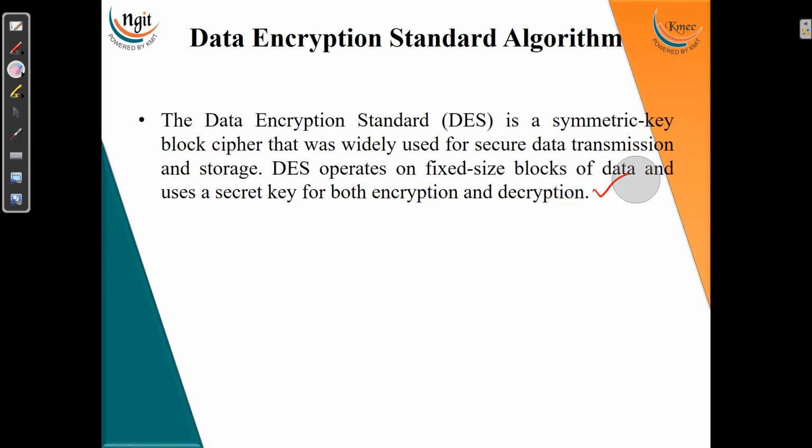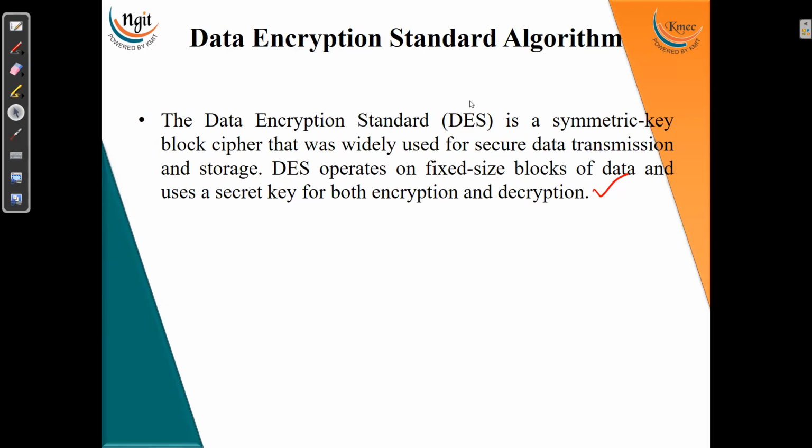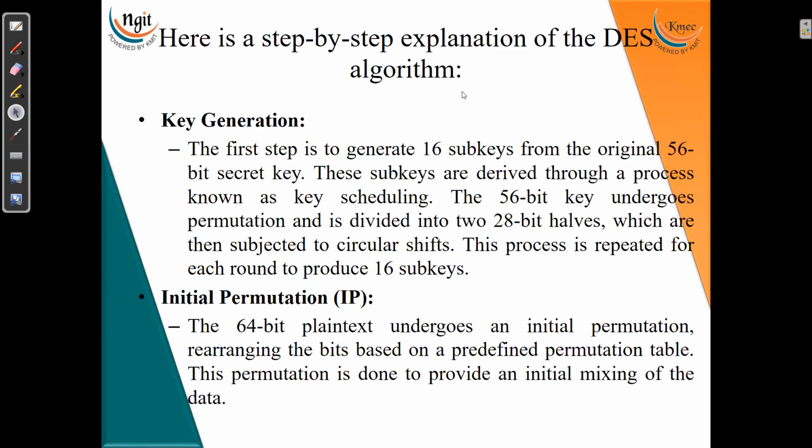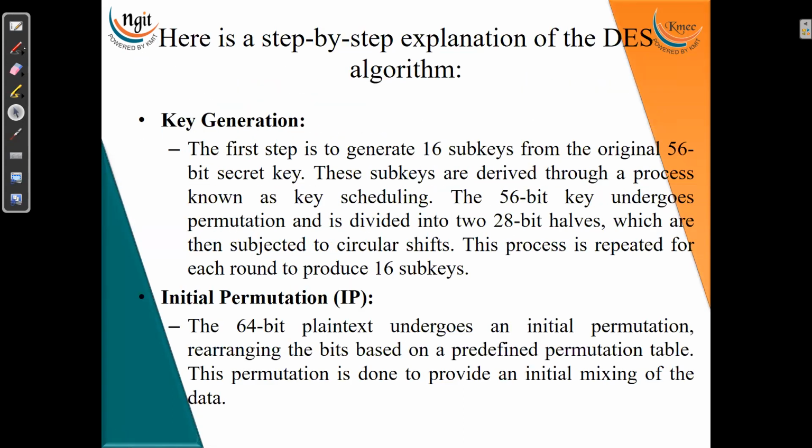Now here, we'll see the next steps. We have a step-by-step procedure which explains the Data Encryption Standard algorithm. First, how are we going to generate a key? The first step is to generate 16 subkeys from the original 56-bit secret key.